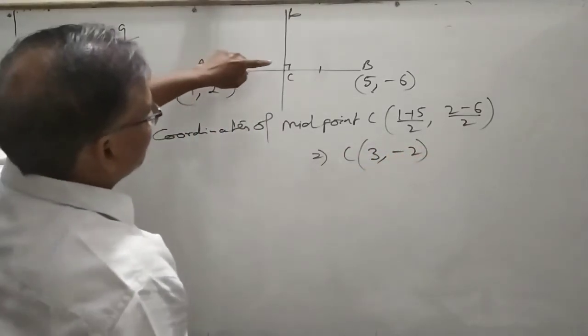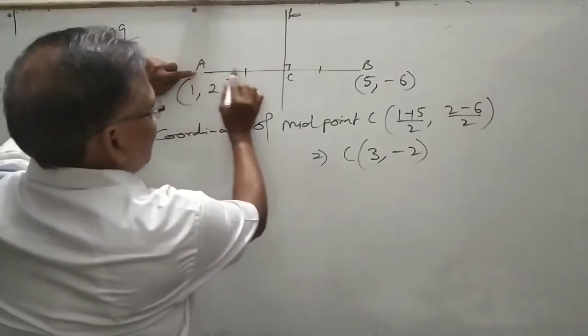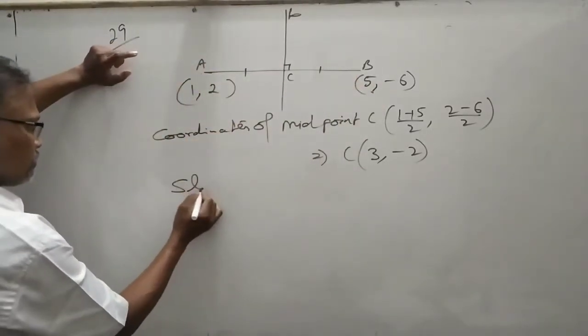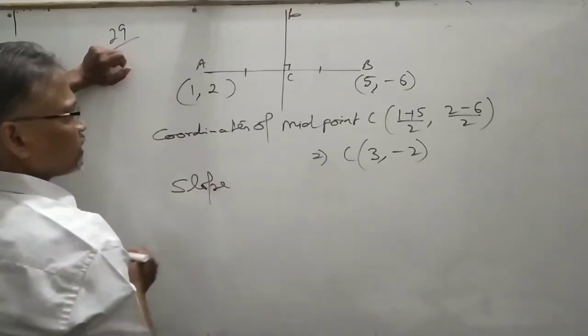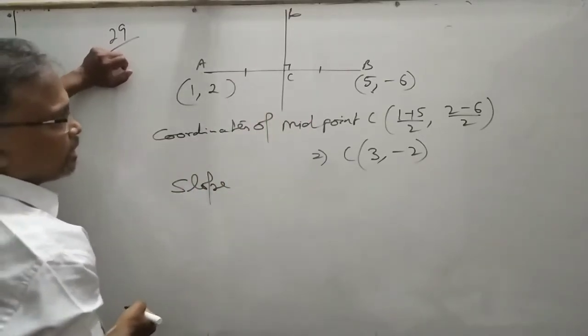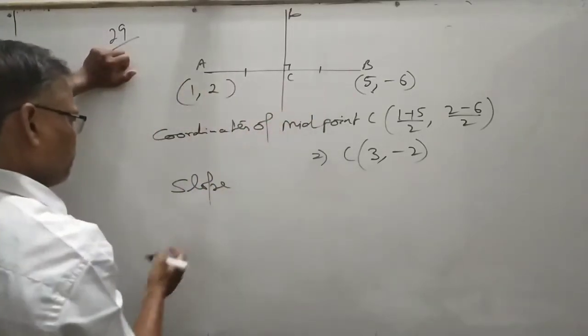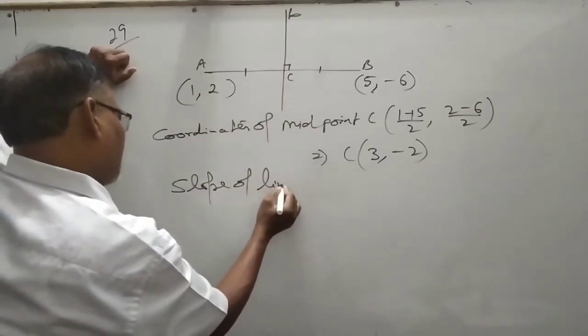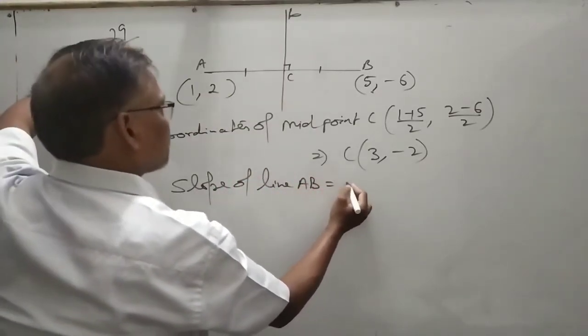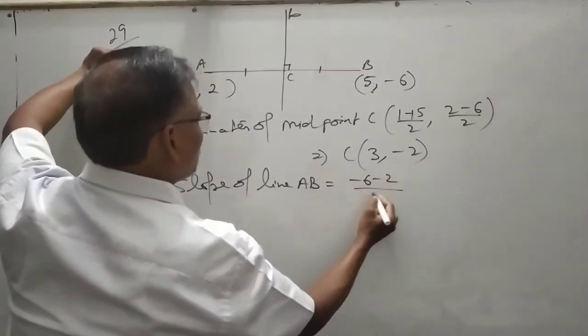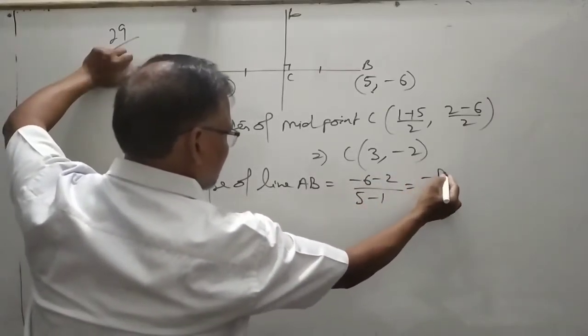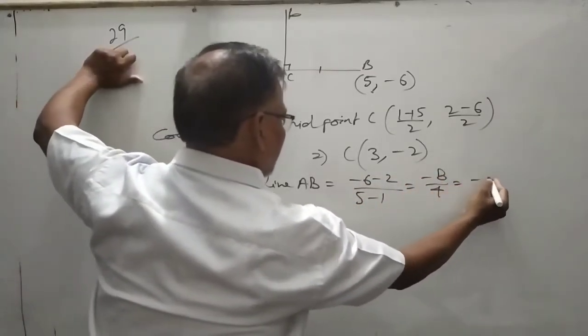And because it is perpendicular, you can find the slope of this line and use the negative inverse of this slope. Slope of line AB is equal to minus 6 minus 2 upon 5 minus 1, which is minus 2.